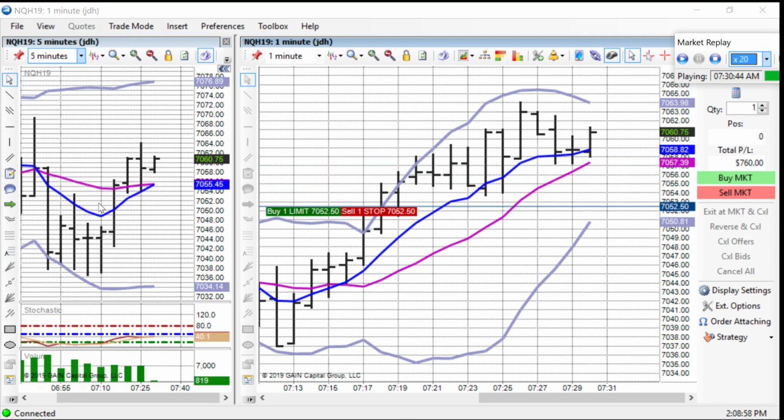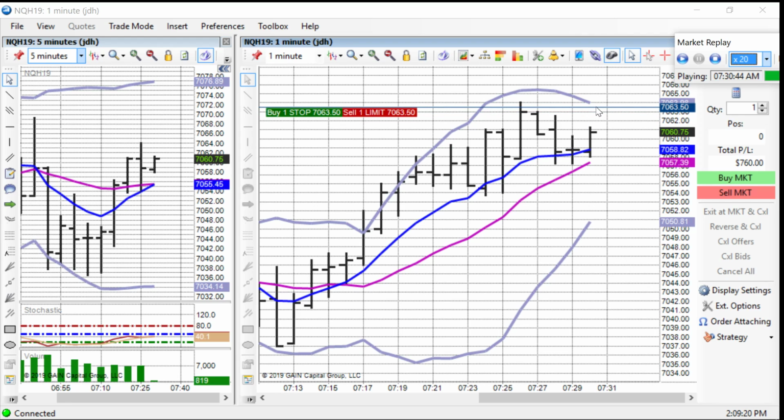And on the 5 minute chart, as you'll see, it's in agreement with the 1 minute chart, because on the 5 minute chart, it's just crossing over to the upside. So that tells me that this trend is going to be continuing upward.